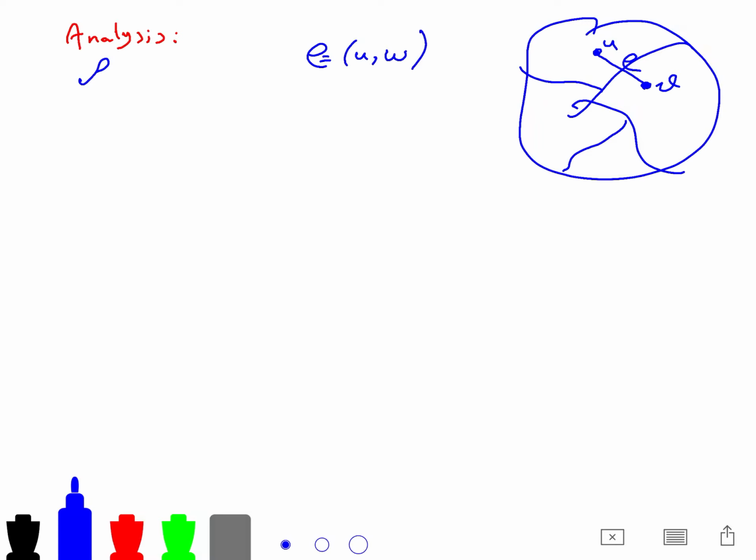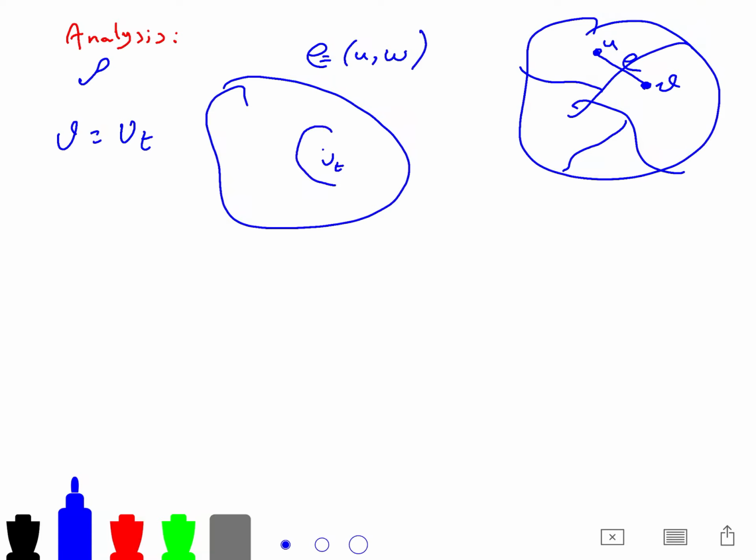And from the stage T, we know that V of T is, let's say, the vertex chosen. So this is V of T, and Z is the random radius.